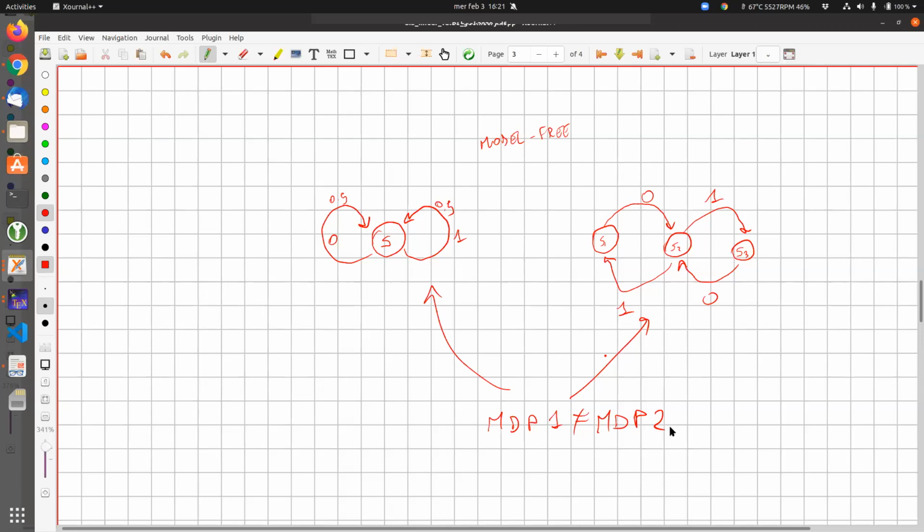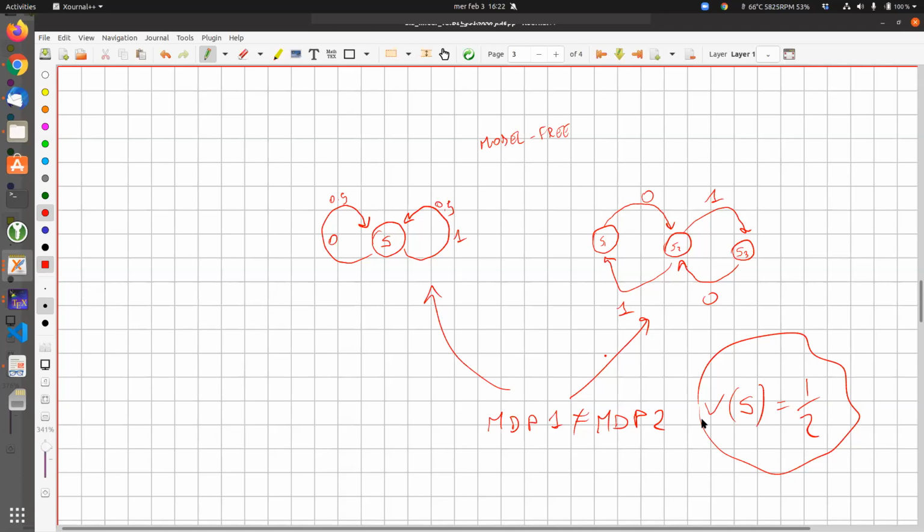For instance, if you are computing the expected total return, the value of the state that you are observing, you don't know that you are in S1, S2, or S3. You are probably approximating everything with just one single state because you cannot distinguish between them. Then the value of the state is always 1/2. So also this objective cannot help you. The distribution data cannot help you distinguish these two Markov decision processes.